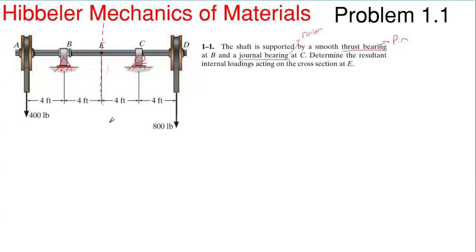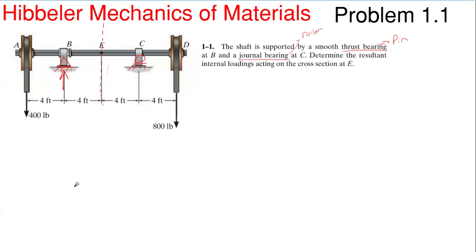So when we take ABE, that means I need to know the reaction here at B. Anytime you have supports on your side of the cut line that you are working with, you must find those supports before you cut through.